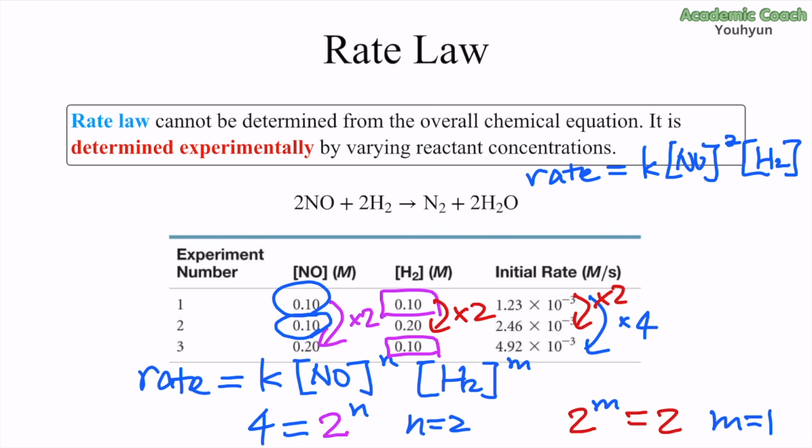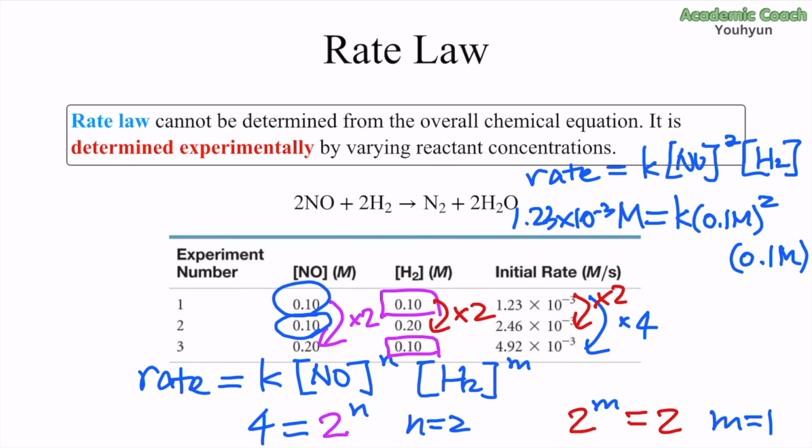For example, I can plug in the numbers for experiment 1. Then it will be 1.23 times 10 to the power of negative 3 molar is equal to K times 0.1 molar squared times 0.1 molar. And then you can figure out the number for K.